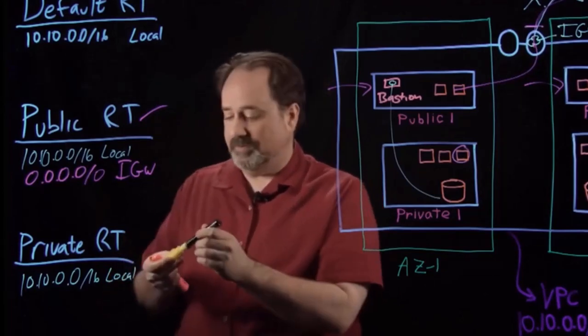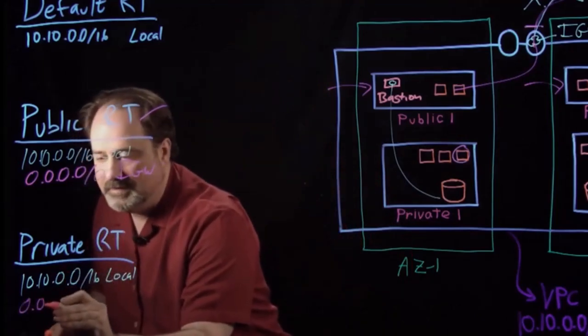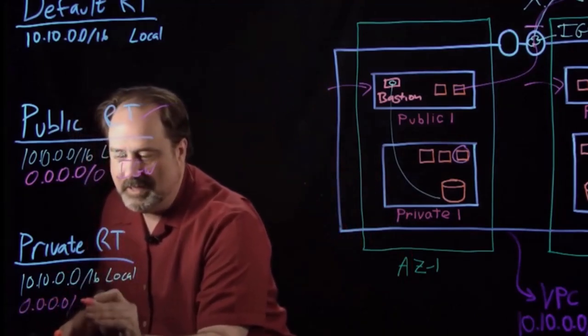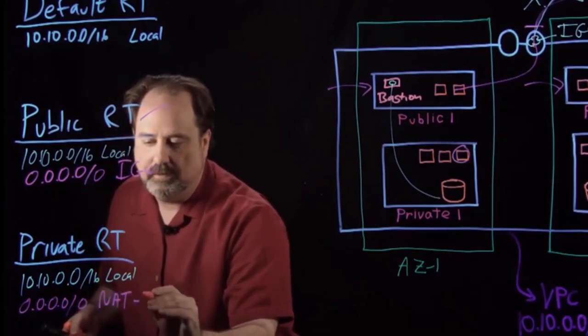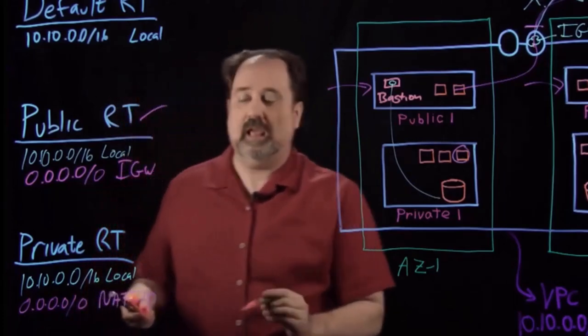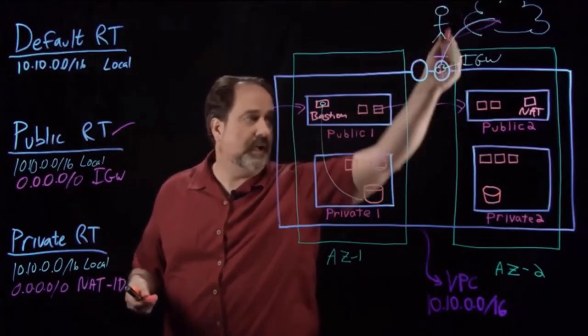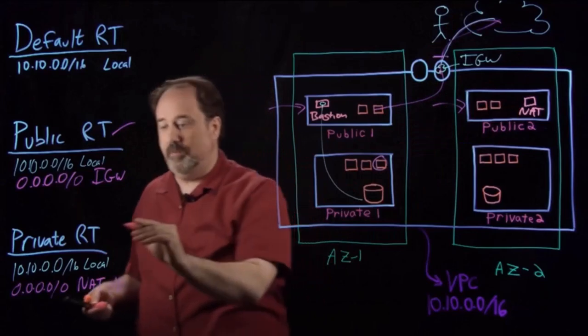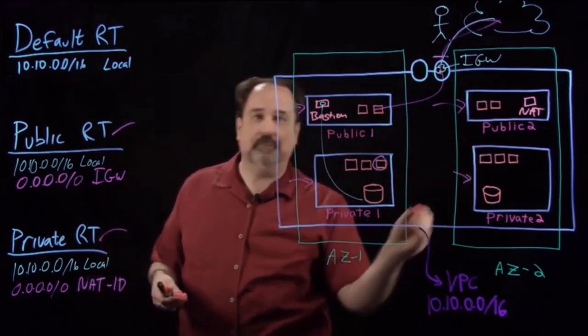We don't go out the IGW. Instead, in this case, 0.0.0.0/0 goes out the NAT ID. And we simply target all traffic destined to go outside to this particular instance. And then we associate the private route table with both private subnets.